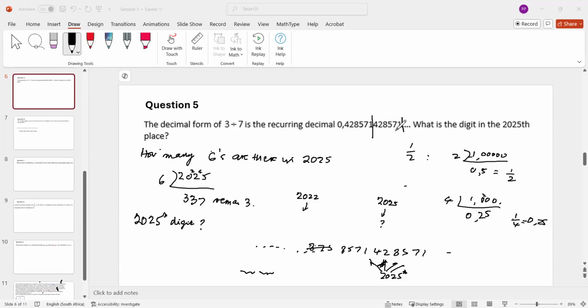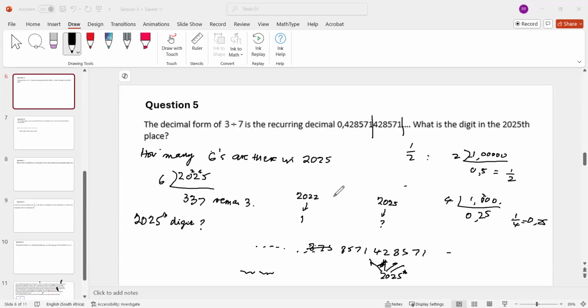The 12th number is 1, right? The last number in this group is 1. So the last number in 2022, this number is 1, because this is a multiple of 6. At all the multiples of 6, it's 1. So the 2022nd number is 1.